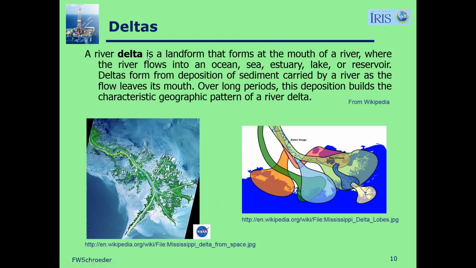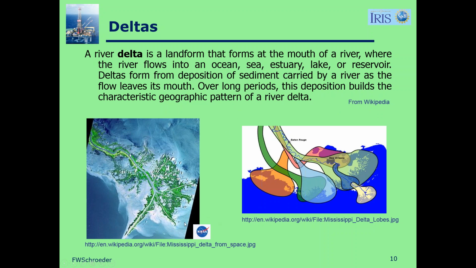So river delta, again, a definition from Wikipedia. I think everyone in my audience probably understands a little bit about deltas. They form where a major river meets an ocean or a sea or an estuary.